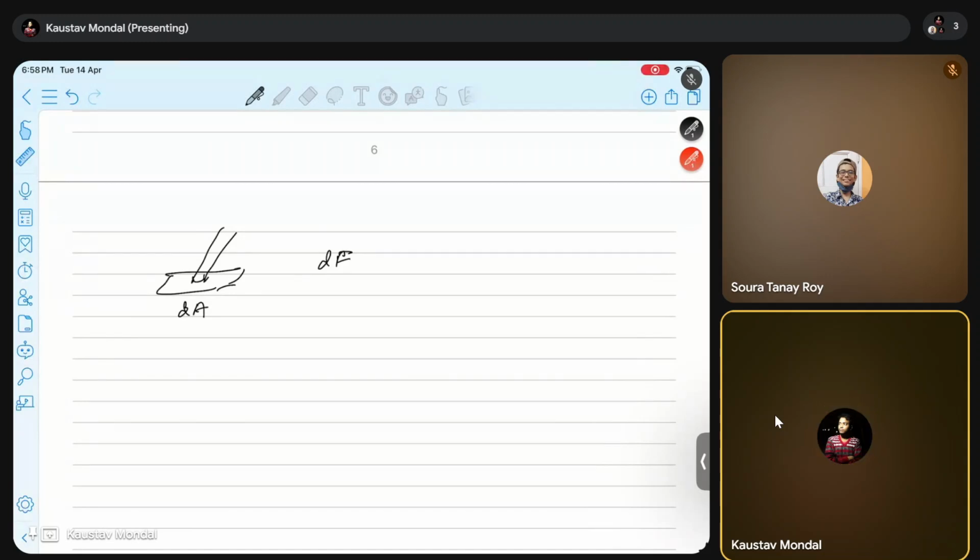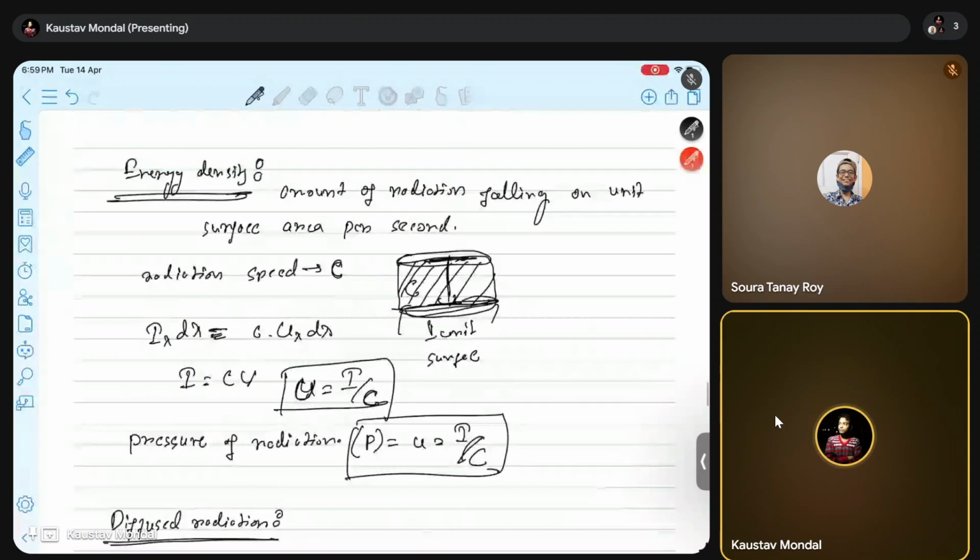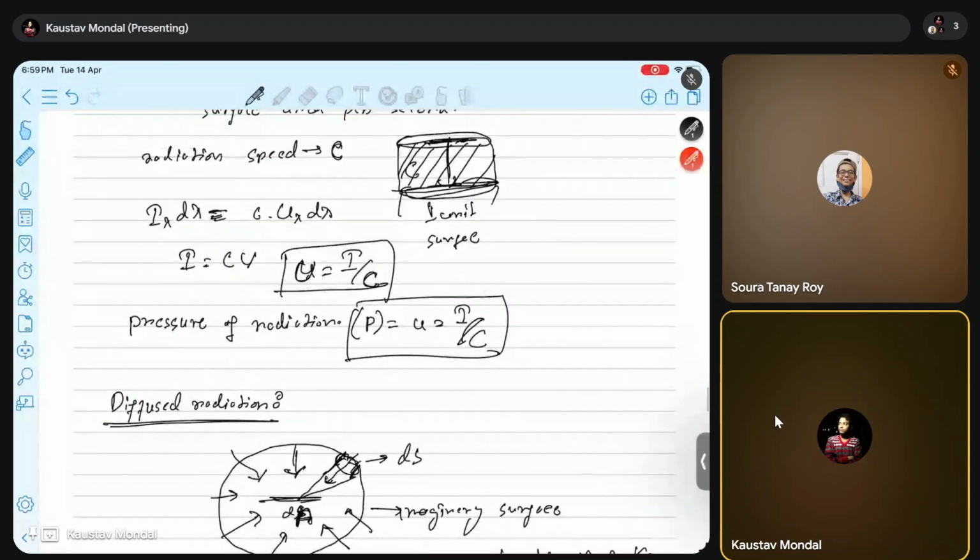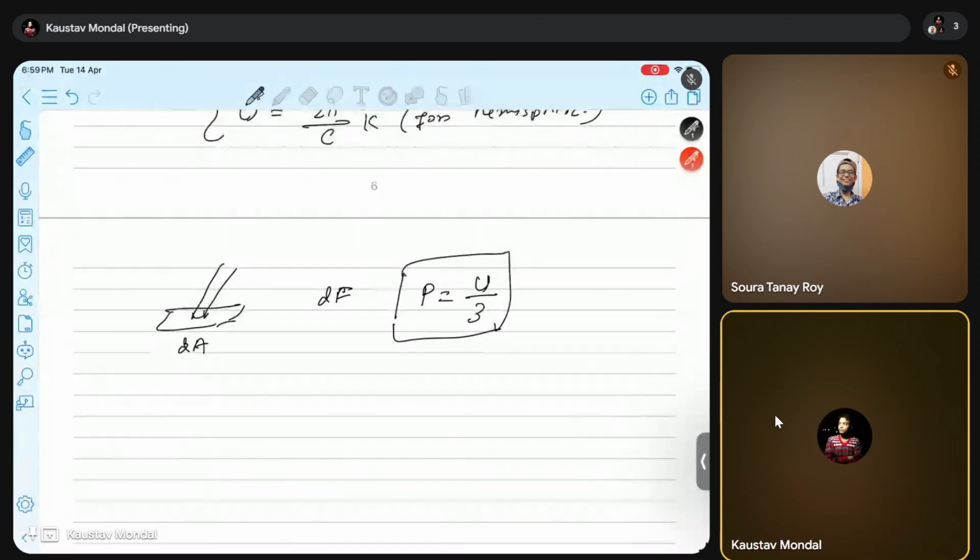This radiation pressure is nothing but u by 3, where u is the energy density. This is the radiation pressure for the case of diffuse radiation. For the earlier directed case, it is I by c, or u. In this case, it is u by 3.